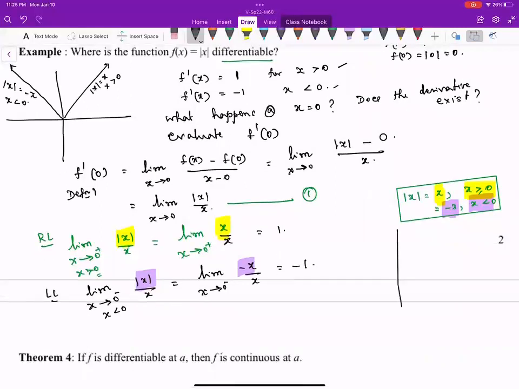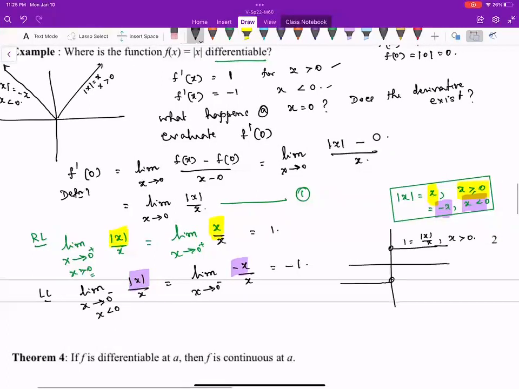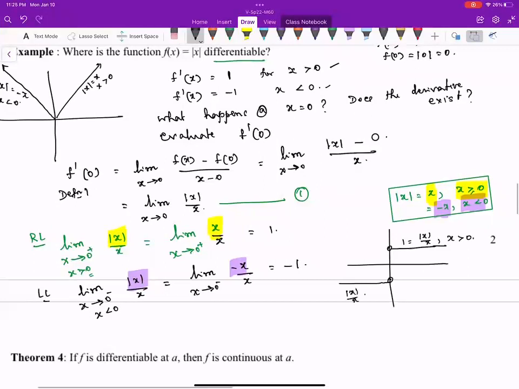And earlier, we have actually seen the graph of absolute x over x. It will be this line for x more than 0, which will be equal to 1, y equal to 1. And absolute x over x will be equal to negative 1 whenever x is smaller than 0.